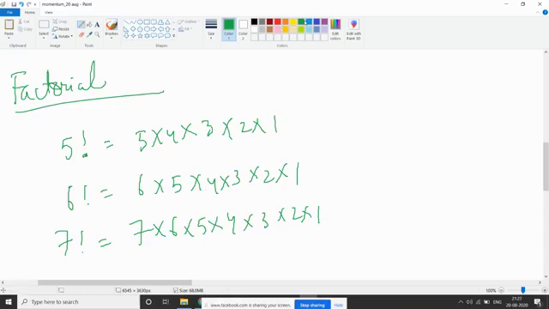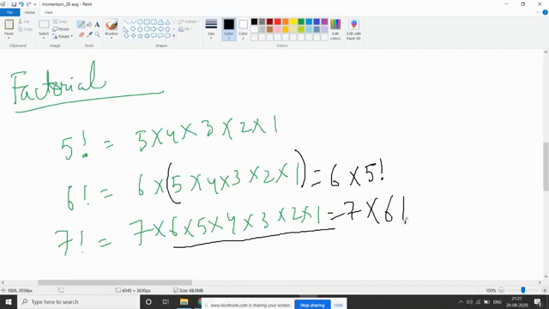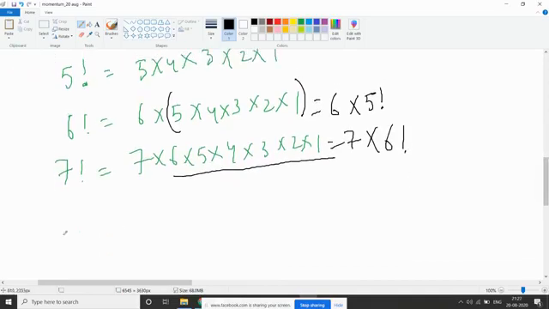Now there is a pattern here. This is what? This is 5 factorial. So can we write 6 factorial as 6 multiply 5 factorial? Similarly, 7 factorial can be written as 7 multiply 6 factorial. Okay, so if it is n factorial, we can write it as n multiply n minus 1 factorial.